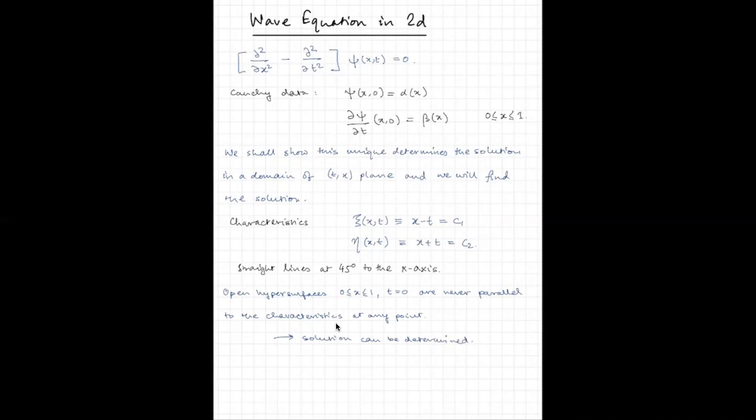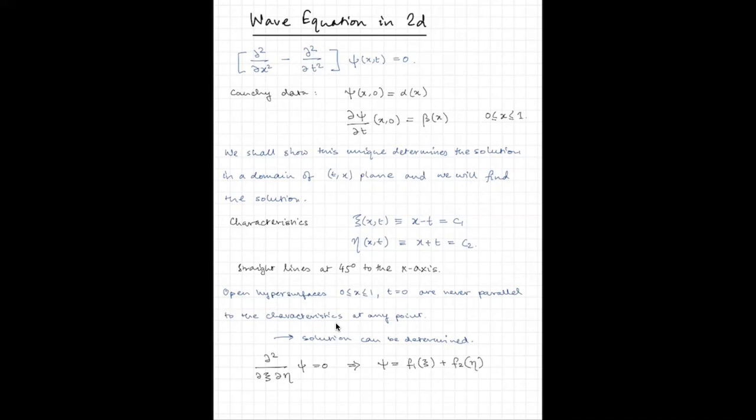All right, so as we have seen, we can rewrite this PDE as del squared over del xi del eta of psi is equal to 0. And this immediately gives you a solution psi is equal to f1 of xi plus f2 of eta.